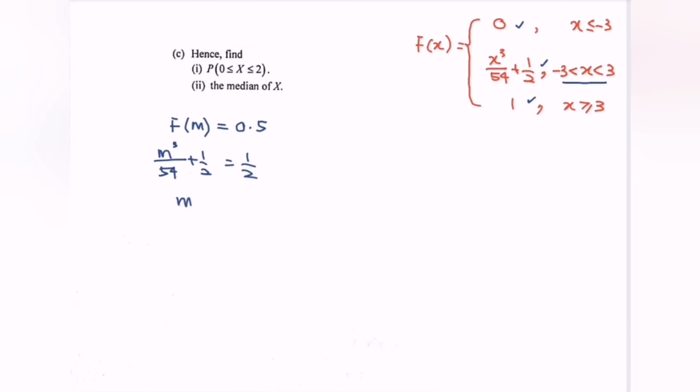So m to the power of 3 over 54 is equal to 0. Next, m to the power of 3 is equal to 0. So m is equal to 0 as well. Referring to the domain from negative 3 until 3, it means that m equals 0. So we can say m is the median. M equals 0 is the median. So here we are, and thanks for watching.